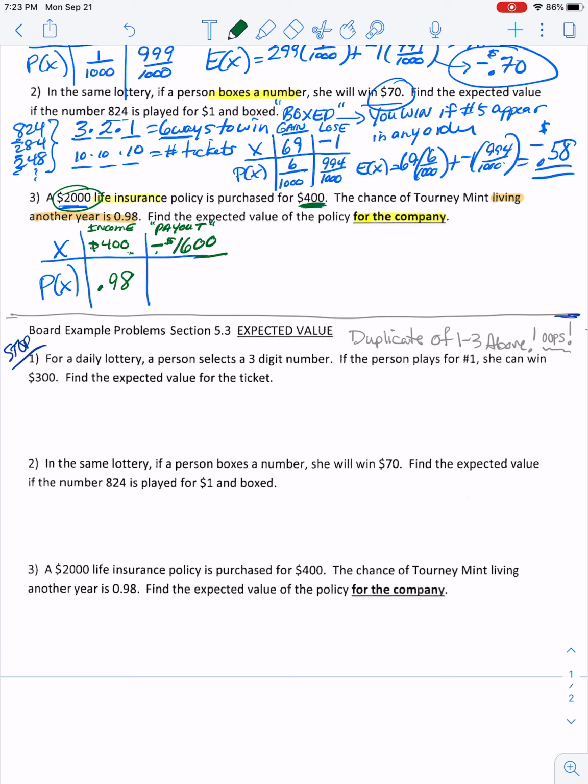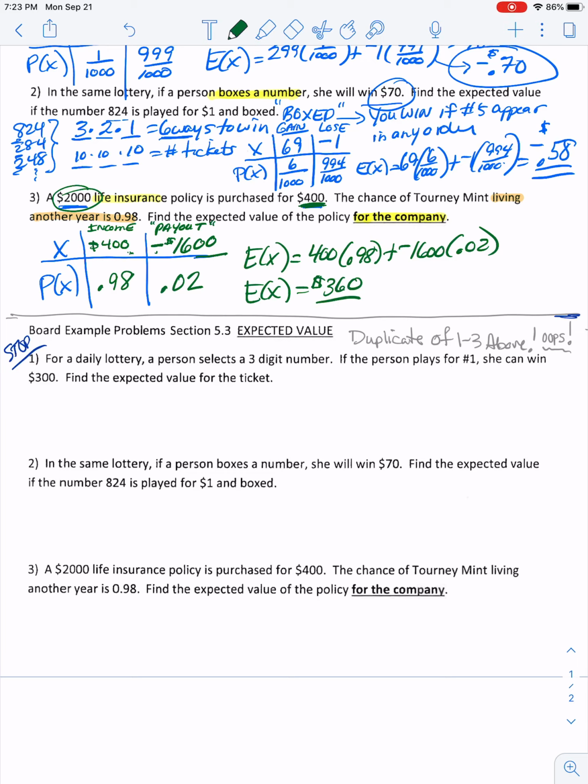If this is 0.98, remember the P of X's have to add up to 1, so that would be 0.02. Then we have an expected value of 400 times 0.98 plus negative 1,600 times 0.02, and I got $360 to the positive.